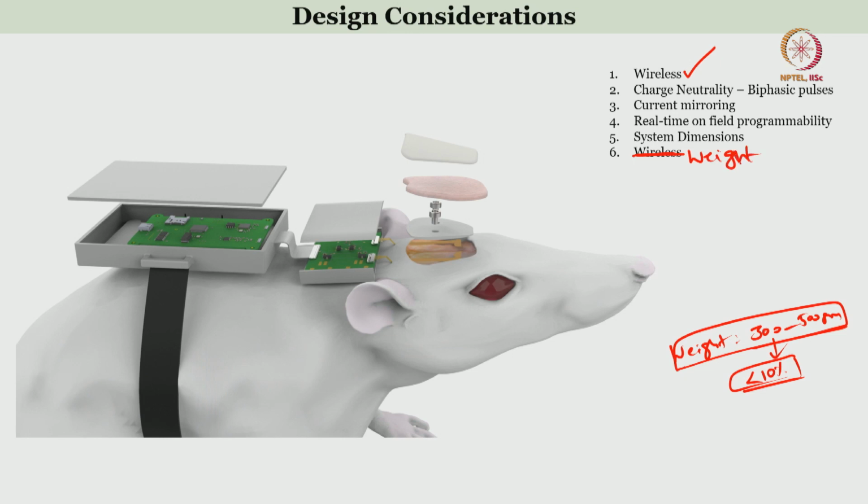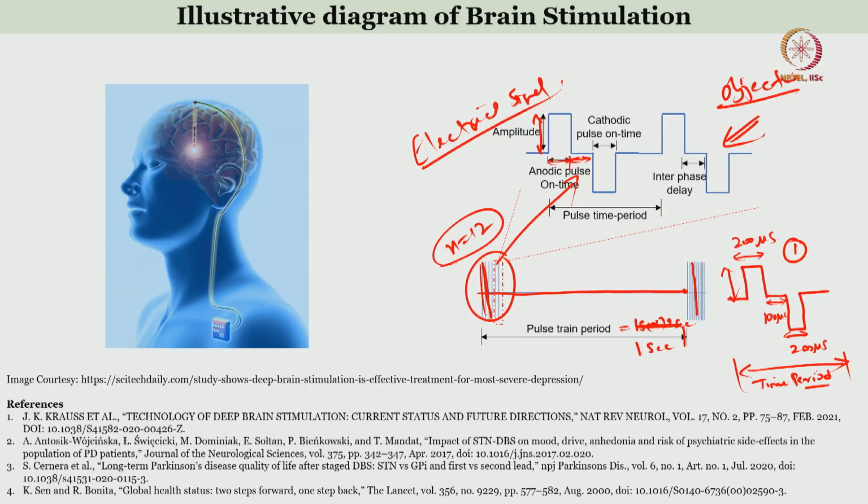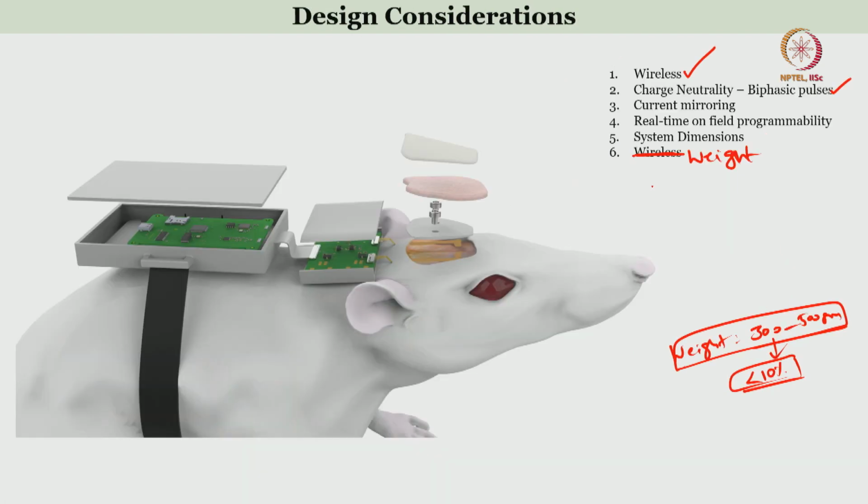Also, charge neutrality means biphasic pulses. As I explained earlier, you have one phase, let us say this is the anodic phase and this is the cathodic phase. Once you send this signal to the brain, you are pumping some charge into the brain. After the end of this pulse, the total charge in the brain should be 0.